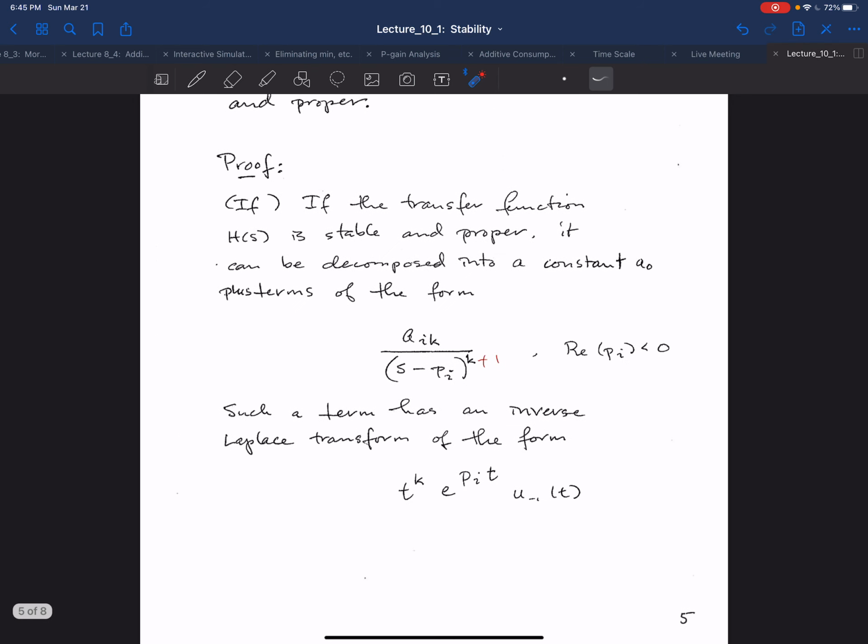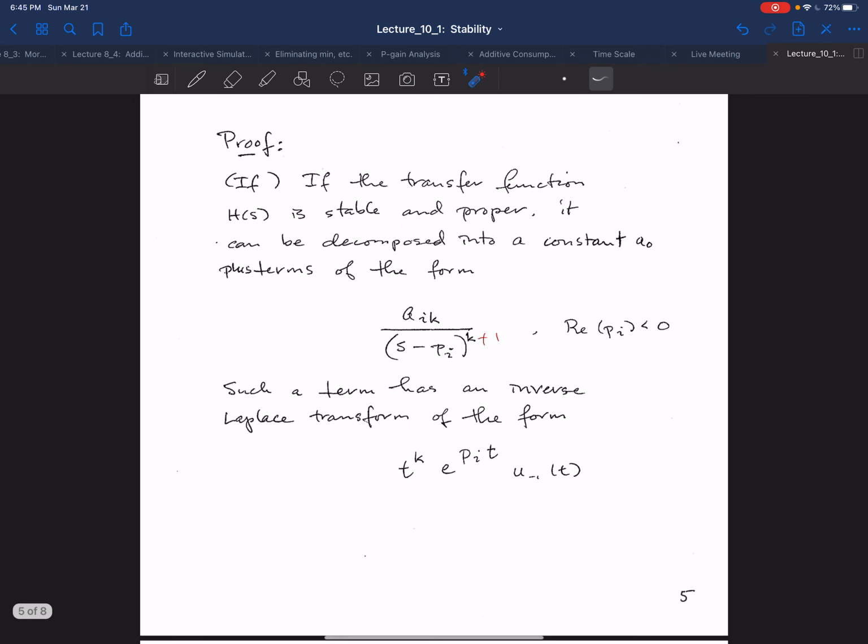Well, for that we just suppose that the transfer function is both stable and proper. We can then use our usual technique and apply partial fractions decomposition. In that case, it can be decomposed into terms of this form, which are standard ones that we get in a partial fractions decomposition, where p sub i is one of the poles of the transfer function.